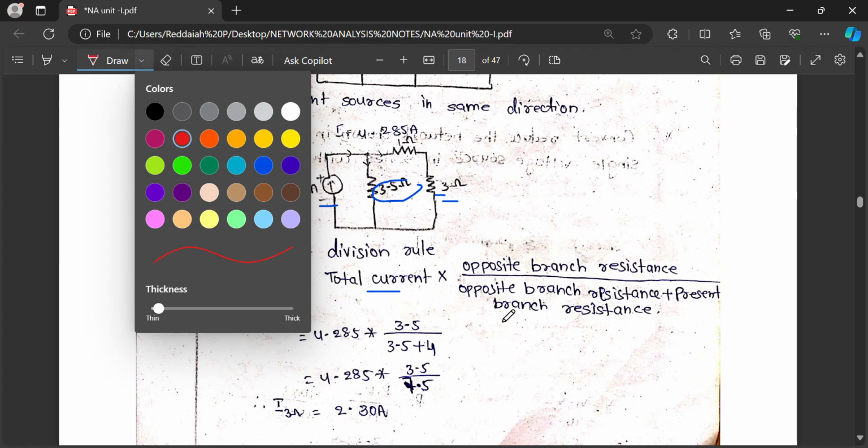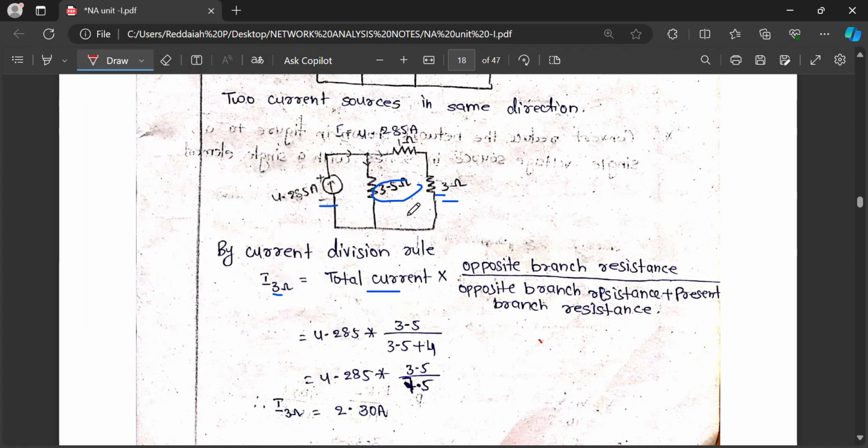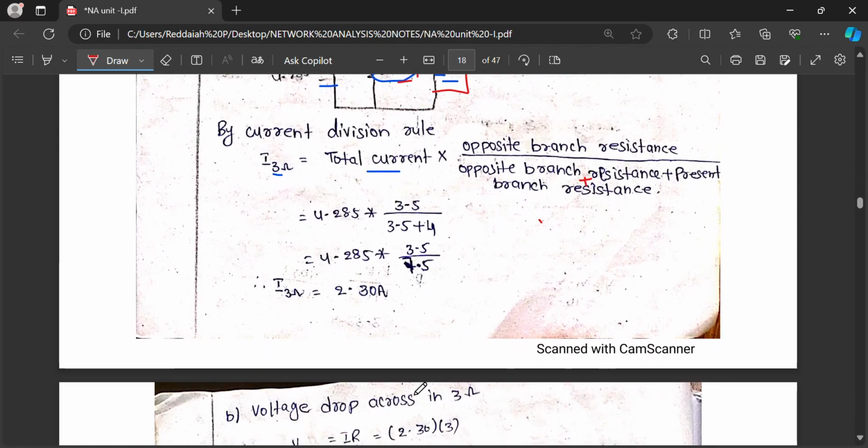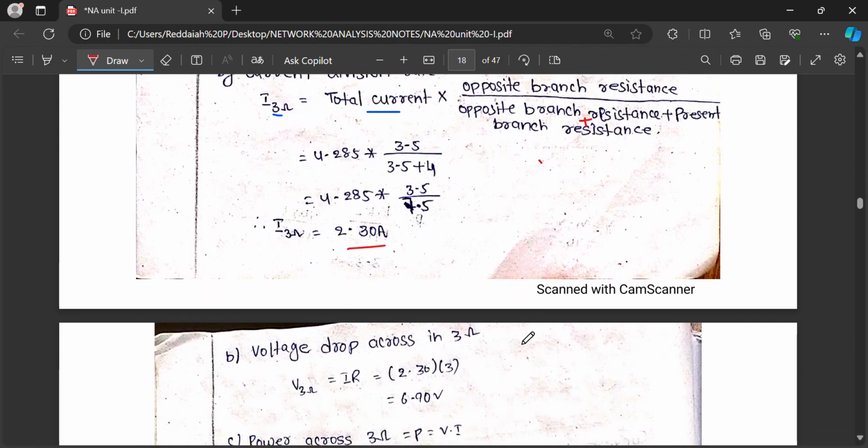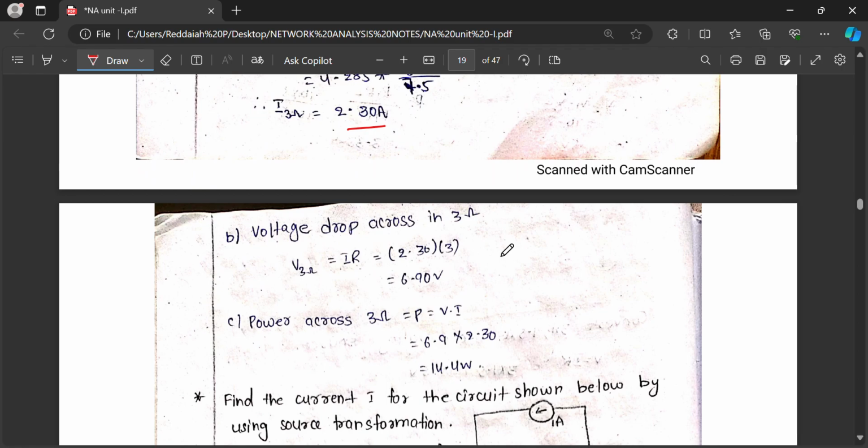What is the current division rule? Total current into opposite branch resistance by opposite branch resistance plus present branch resistance. This is the opposite for this 3 ohm. That current is 2.3.